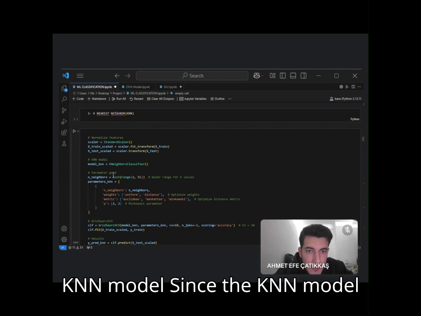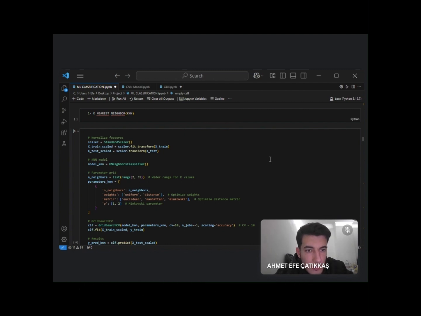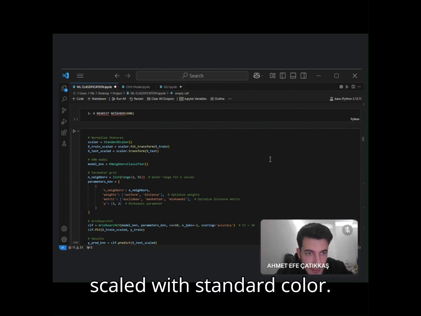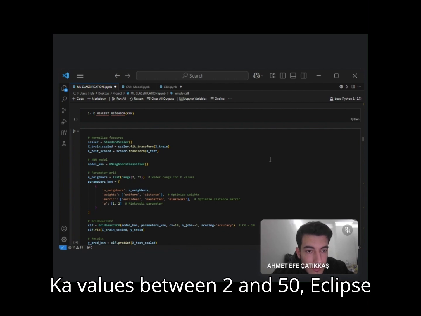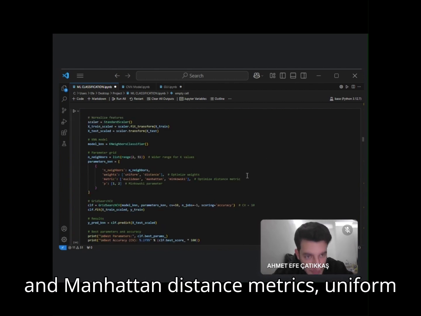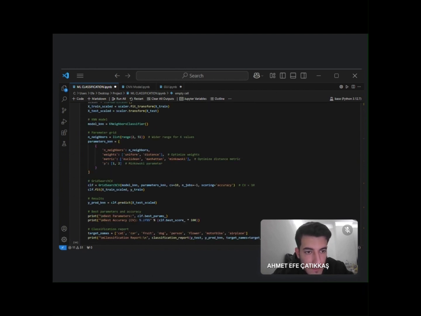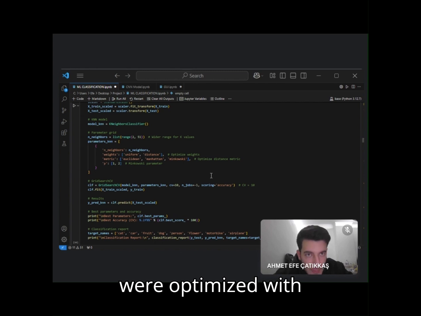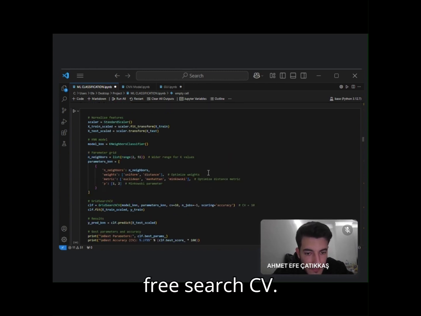KNN model. Since the KNN model is a distance-based algorithm, the data were normalized and scaled with StandardScaler. To improve the performance of the model, K values between 2 and 50, Euclidean and Manhattan distance metrics, and uniform and distance weightings were optimized with GridSearchCV.